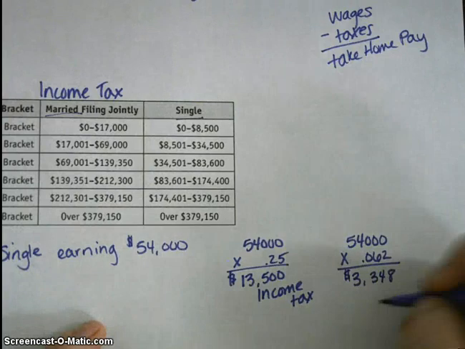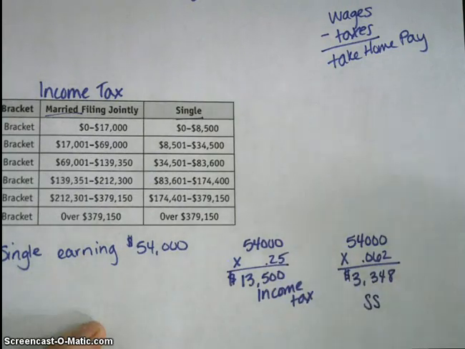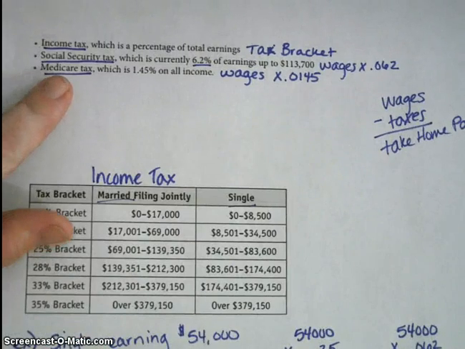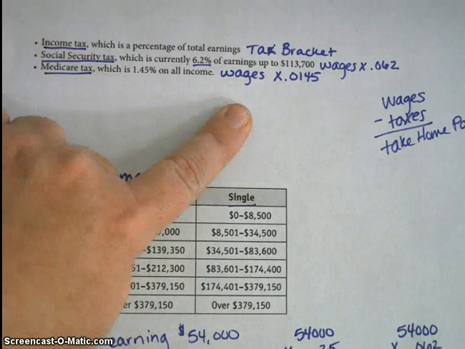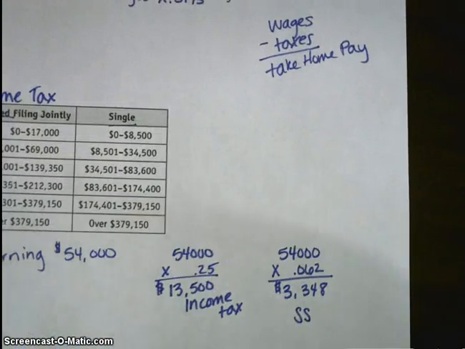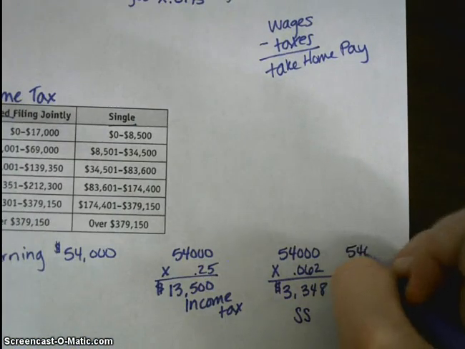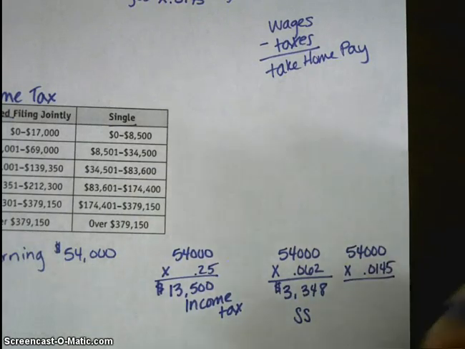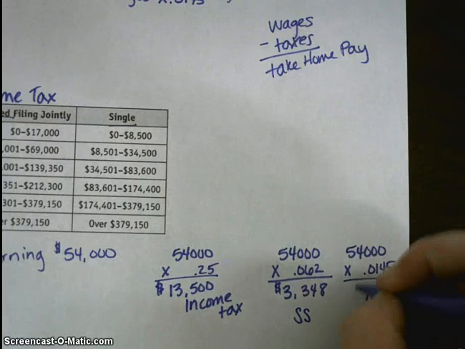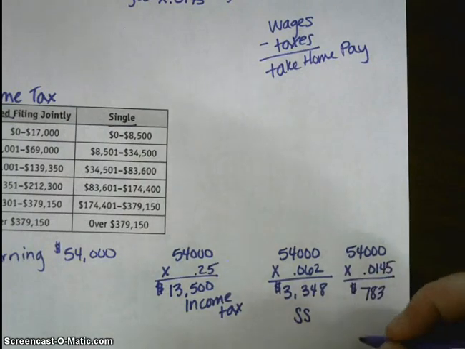So this is how much I'm going to pay in Social Security tax. And then there was one more tax called Medicare tax, and that is 1.45%. So I multiply by 0.0145. So again, I'm going to take that $54,000 that it looks like I earn and multiply by 0.0145. And I get $783, and that was for Medicare.